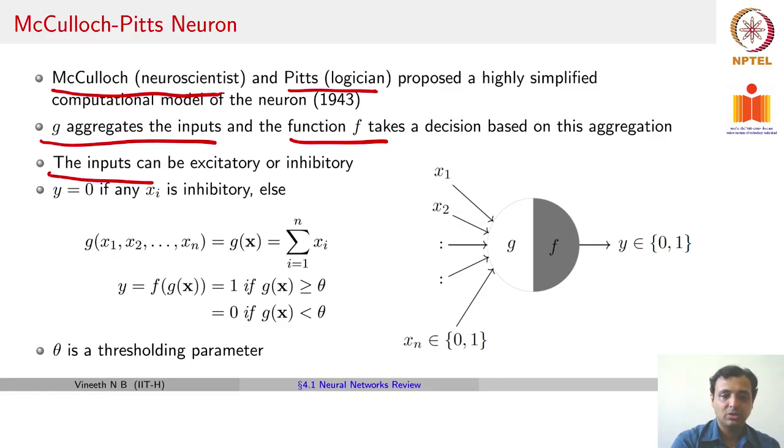The inputs at that time were considered to be excitatory, or 1, or inhibitory, a 0 or a -1, depending on what notation you choose for binary numbers.